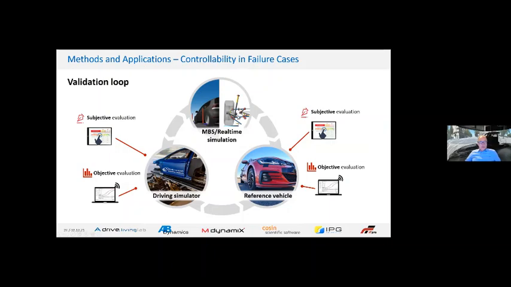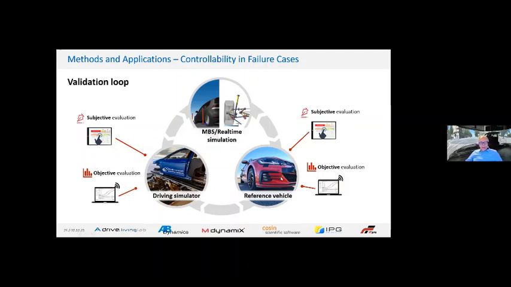So on one hand, we simulate the different failure cases in Adams and transport that to CarMaker. On the other hand, we test some of those use cases out of the FMEA table on the real vehicle, and did testing always with subjective and objective evaluation of subjects.